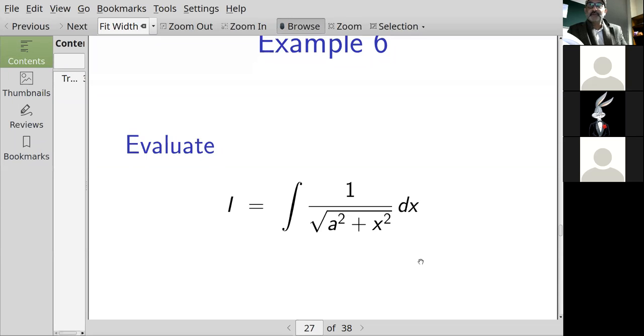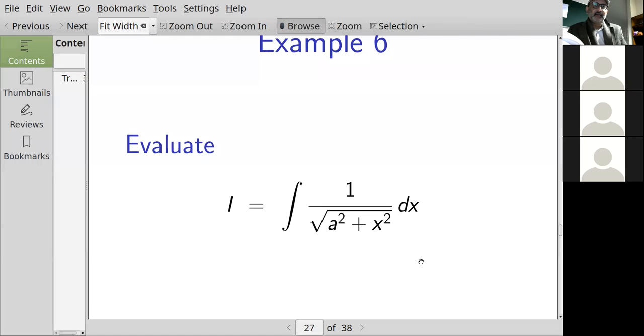Can you suggest what's the trig identity that I would want to use here? Sir, a is equal to a sine theta. Yeah, so the trig identity that I would think of would be 1 plus tangent squared theta equals secant squared theta, right?